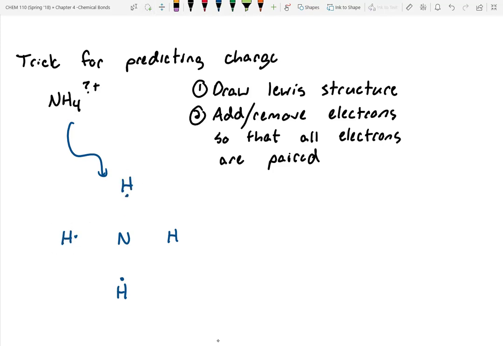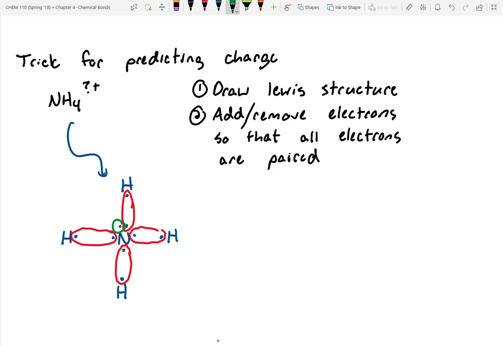And then the hydrogen on the right also has 1 valence. How many valence electrons for nitrogen? Got to have 5. So I go 1, 2, 3, 4, 5. And then we can start pairing our unpaired electrons. So for example, I'd say this has got to be paired, this has got to be paired, this has got to be paired, and that's got to be paired.